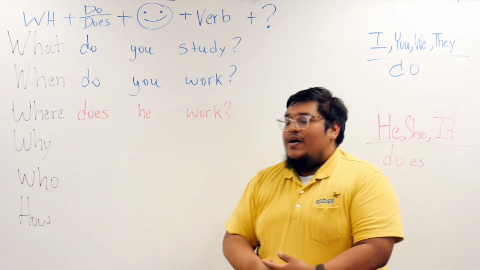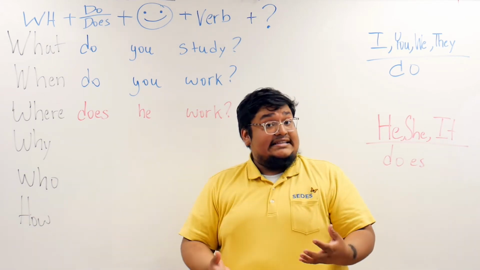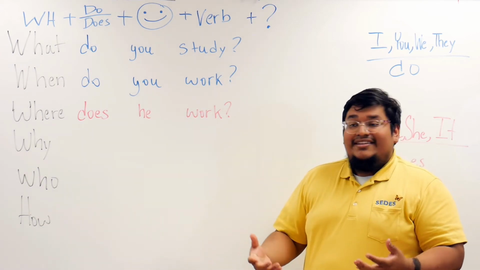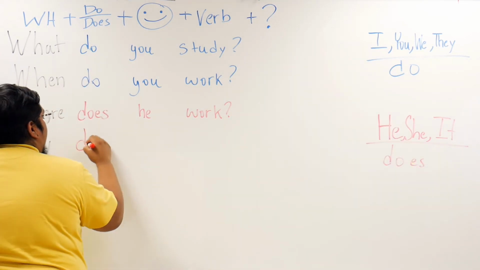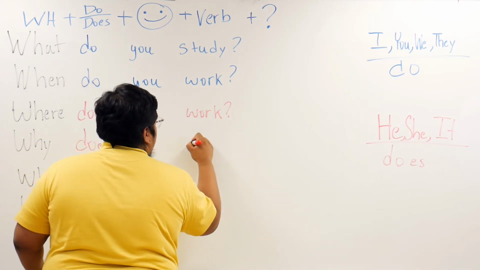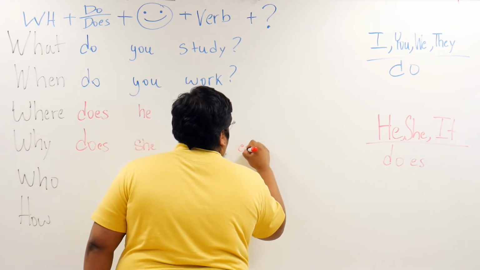Okay, so why? When do we use why? Why is used when you want a reason. What is your reason, why did you do something? We can ask, why does she sleep early?